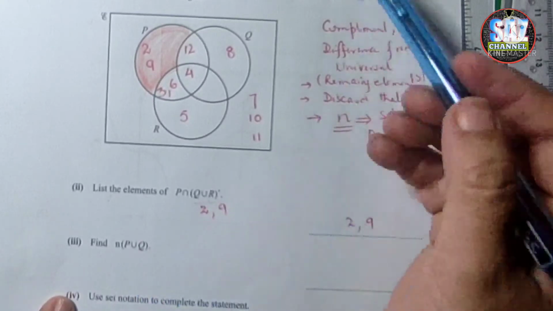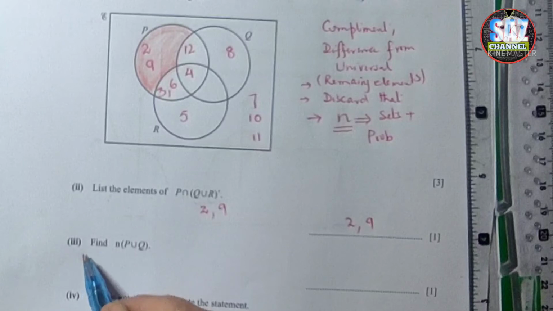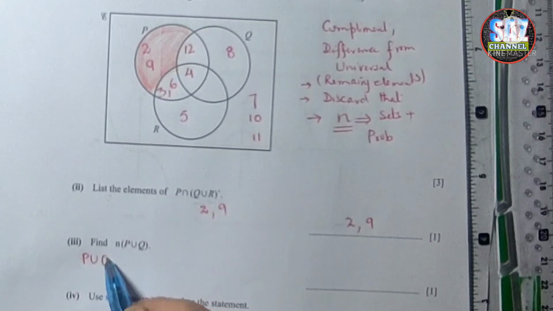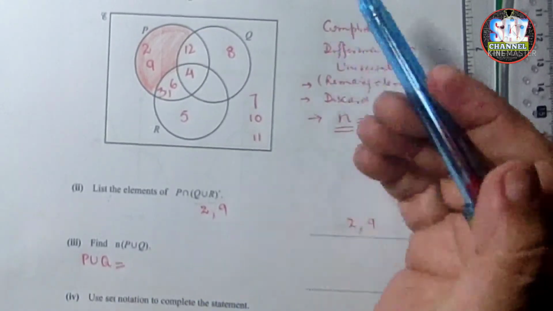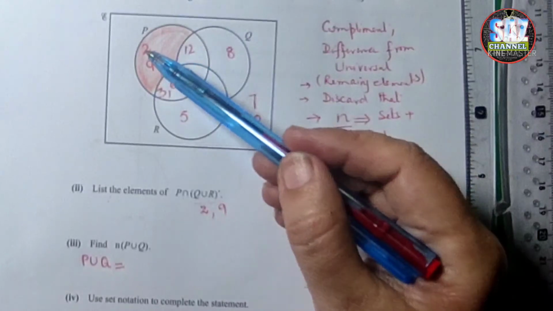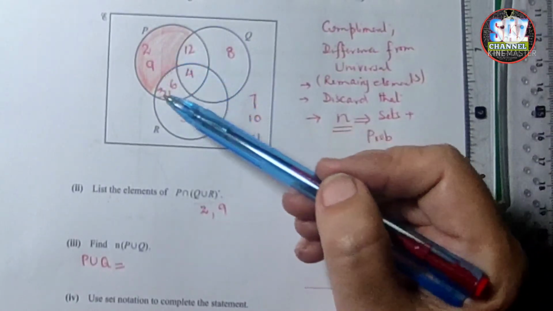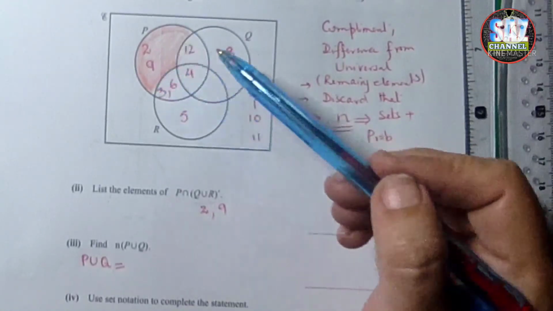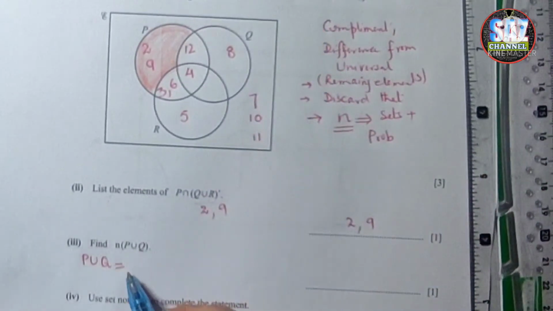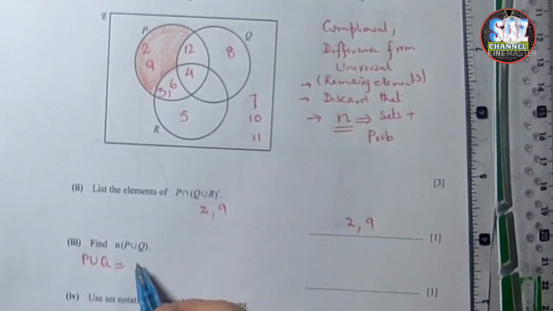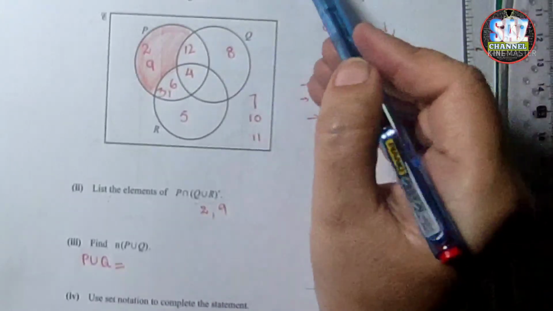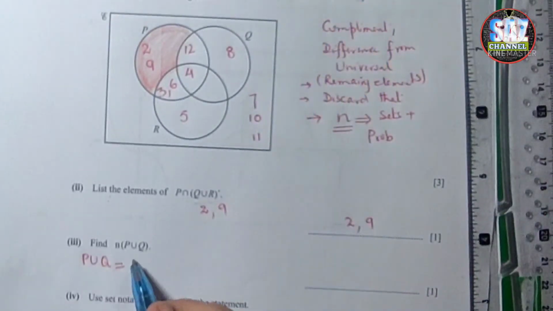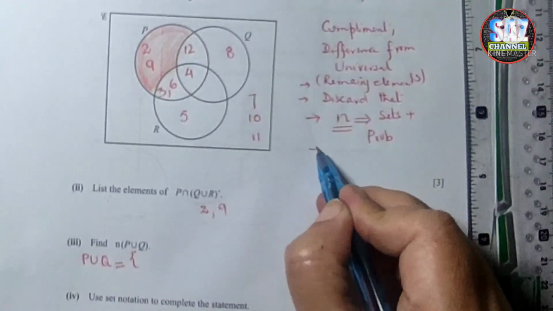So first, for the safer side, we have to take the union of P and Q from the diagram: 2, 9, 3, 6, 4, 12 and 8. These all elements, 1, 2, 3, 4, 5, 6 and 7, are coming. Otherwise we can easily secure 1 or 2 marks from here. So for P union Q, I have to focus on these two sets, and union means all.